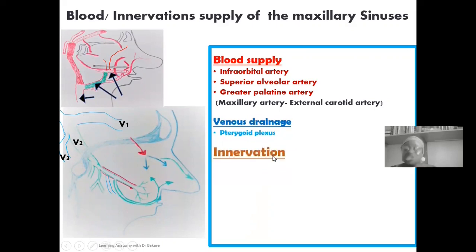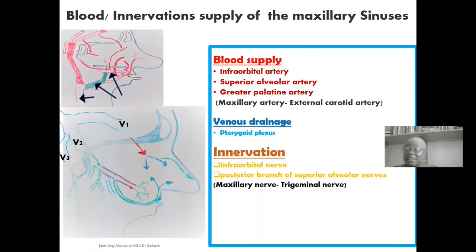For the innervation, the maxillary sinus is innervated by the infraorbital nerve and also the posterior branch of the superior alveolar nerve. Let's dive into this image down here. This is where we have the trigeminal nerve giving off the maxillary nerve, which is the second branch of the trigeminal nerve. For the maxillary nerve, you see it giving off the posterior branch of the superior alveolar nerve.